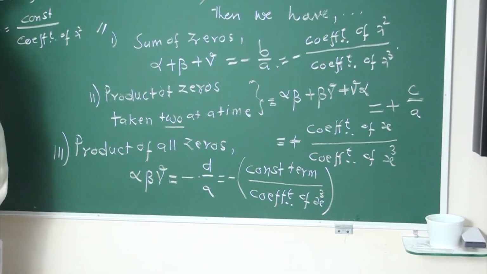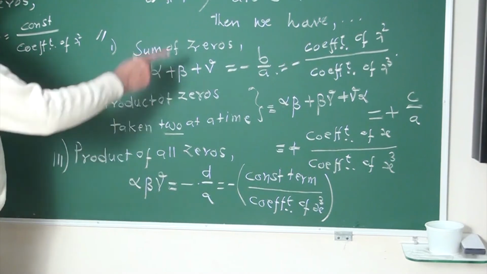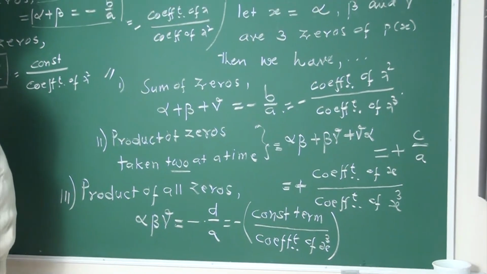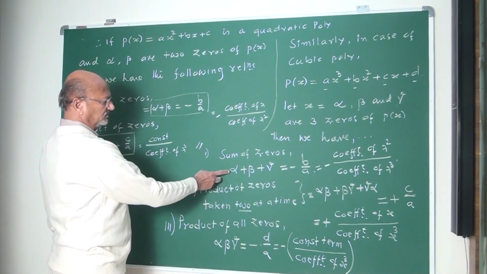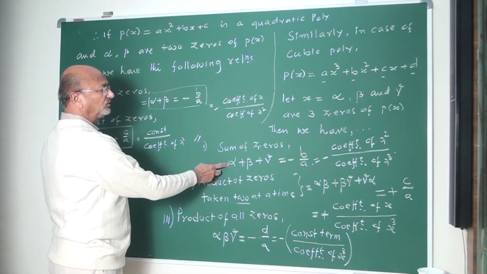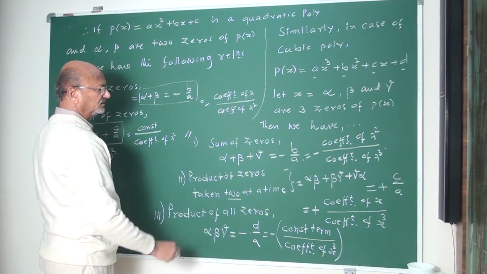This is the relation for a cubic. The sum alpha plus beta plus gamma is minus b by a, the second coefficient divided by the first coefficient.